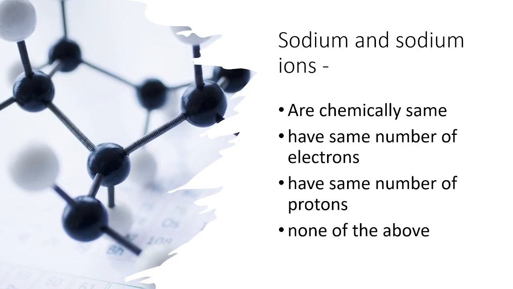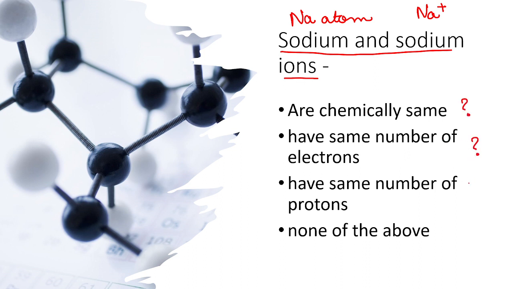Next question is about sodium atom and sodium ion. Are they chemically the same? Do they have the same number of electrons? Do they have the same number of protons, or none of the above? Pause the video, give the answer in the comment section.